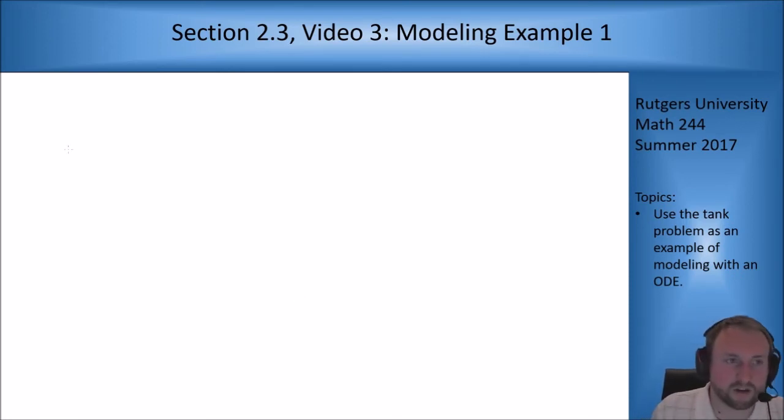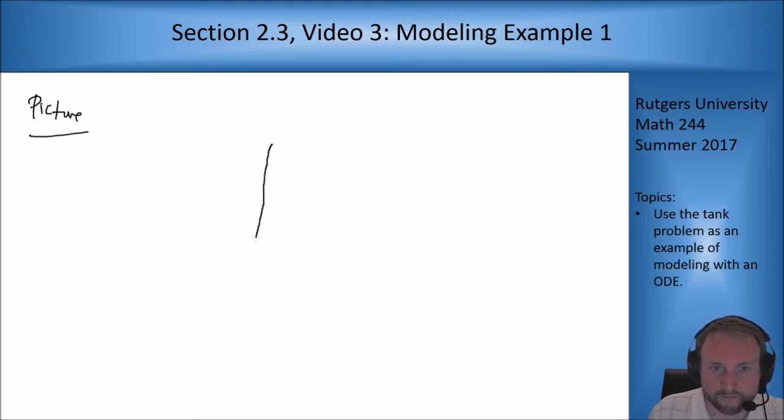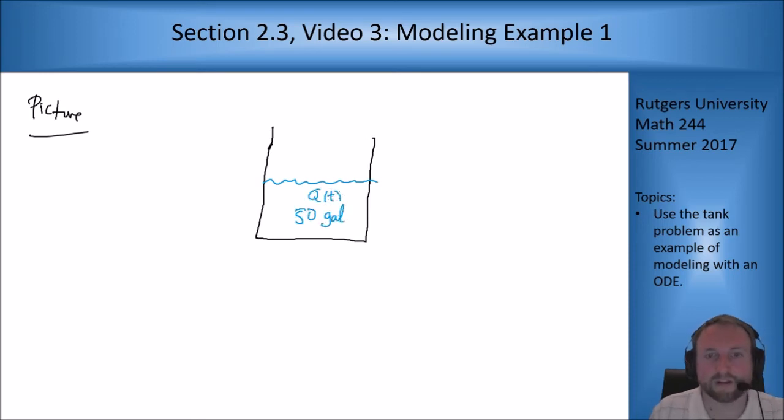So here is a picture. If you can draw pictures for problems, pictures are very nice. So we have our tank. And I can't draw, so pictures can be very, very simple. So I have a tank. It has water in it, 50 gallons, and Q of t salt.